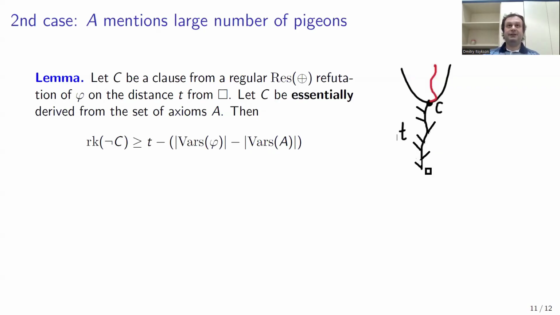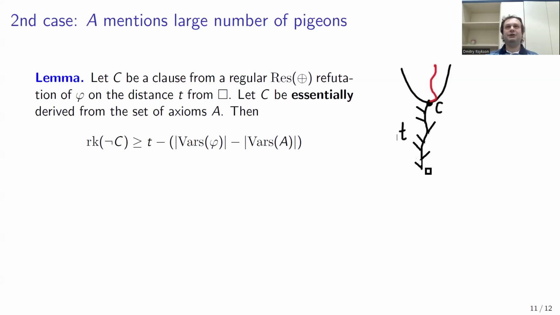And now consider the second case, where the set of axioms A mentions many pigeons, or in other words, contains many variables. In this case, the regularity plays a role. Consider a regular resolution of a parity refutation of a formula phi. Consider a clause C for which there is a path from the empty clause to it of length t. We count only resolution rules.